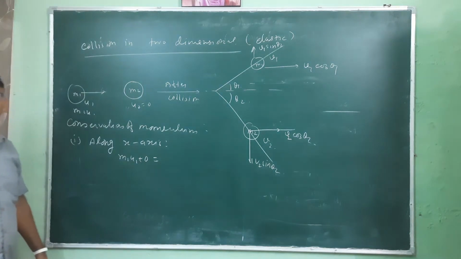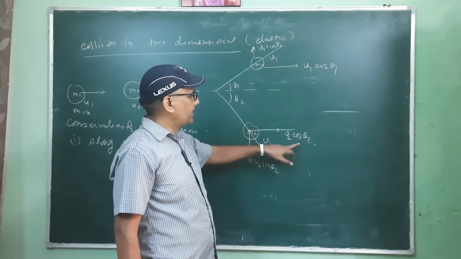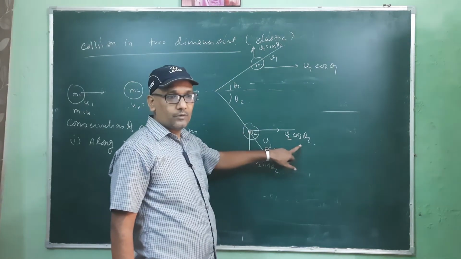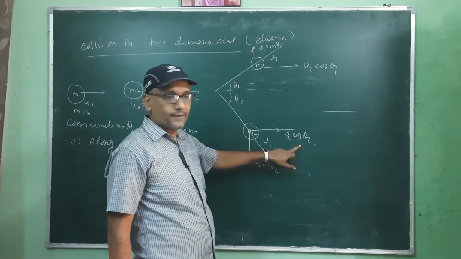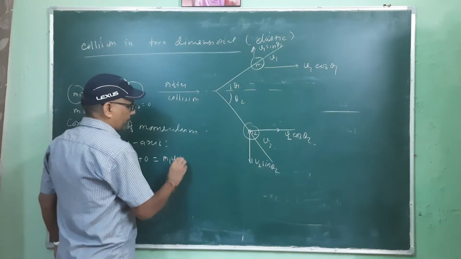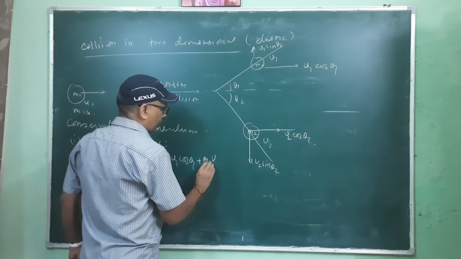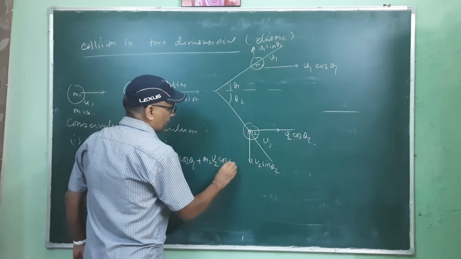It is equal to, after collision, the two velocity components along the x-axis, so this is m1 v1 cos theta 1 plus m2 v2 cos theta 2.